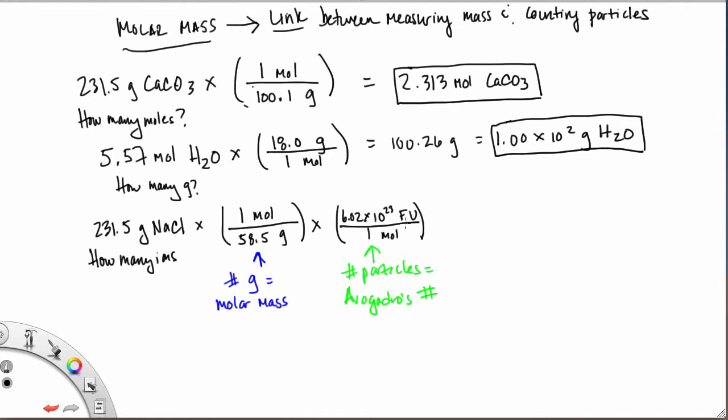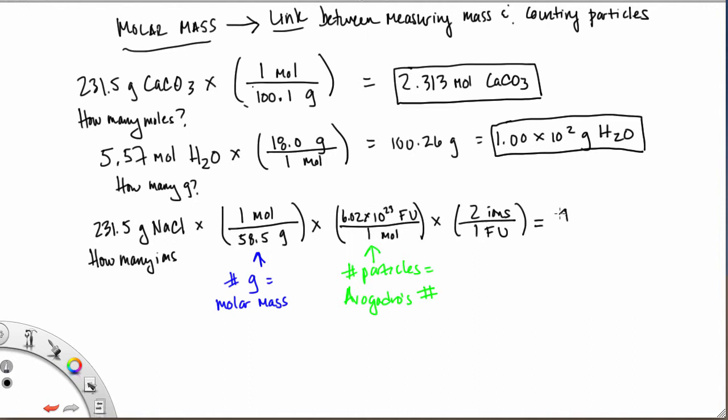We want ions. How many ions of sodium chloride are in one formula unit? Well, the formula tells us there's one ion of sodium and one ion of chloride. So we have 2 ions per every one formula unit. So our problem becomes 231.5 divided by 58.5 times 6.02 times 10 to the 23rd times 2.